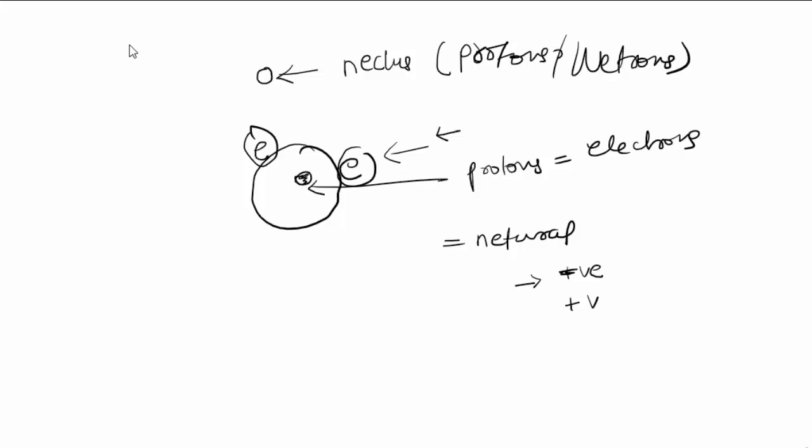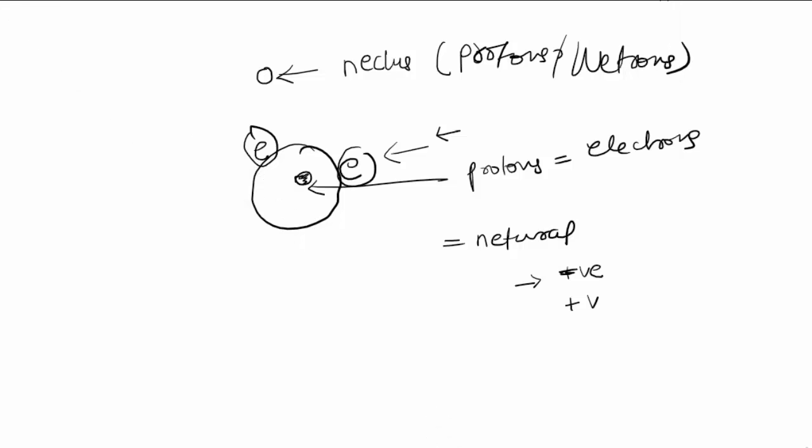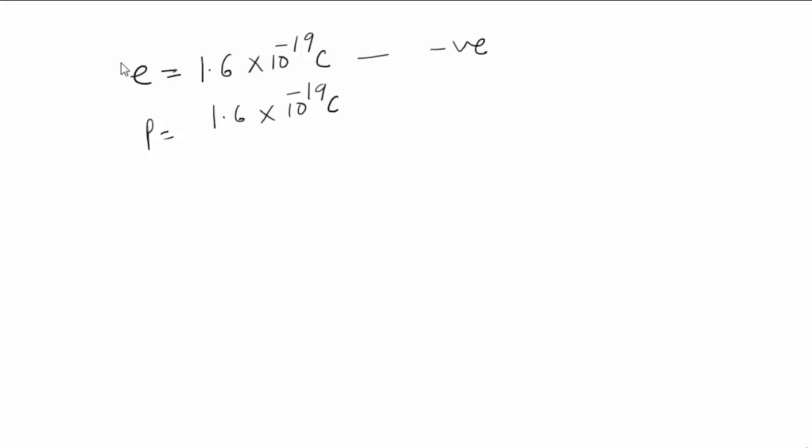So we say that an electron is an object which has a charge of close to 1.6 into 10 raised to minus 19 coulomb, and the charge of an electron is always negative, and the charge of a proton is 1.6 into 10 raised to minus 19 coulomb positive.